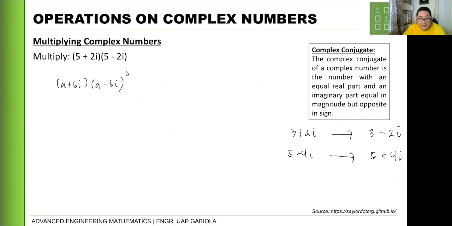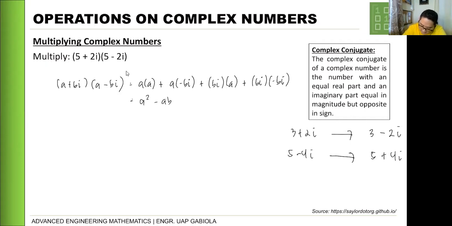So try natin pakita yung kanyang FOIL method, no? So we have a times a plus a times negative bi plus bi times a plus bi times negative bi. So simplify natin, we have a squared minus abi plus abi minus b i squared. So simplify natin, this will be 0 na.